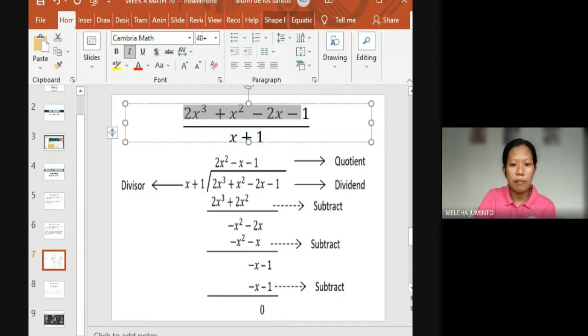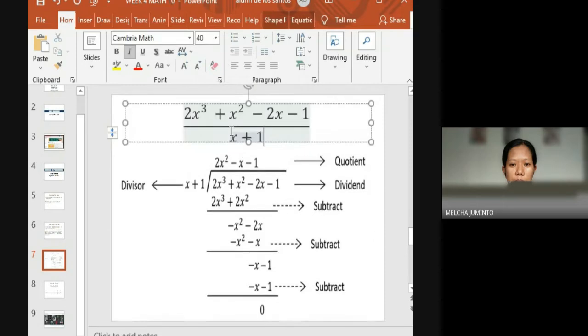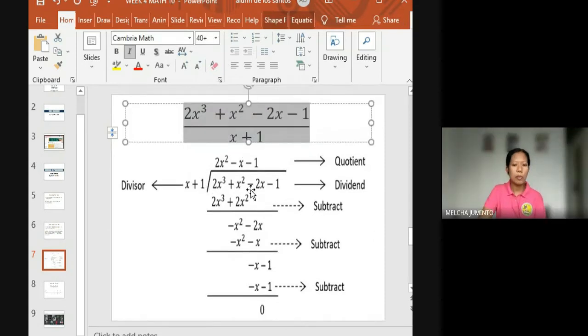The dividend will be written inside, and the divisor should be written outside. So this is the dividend, and this is the divisor.